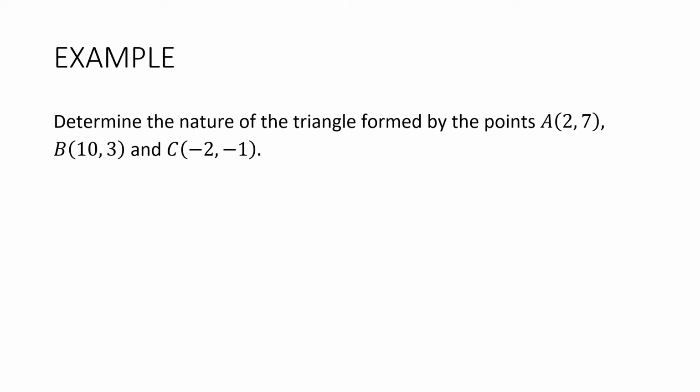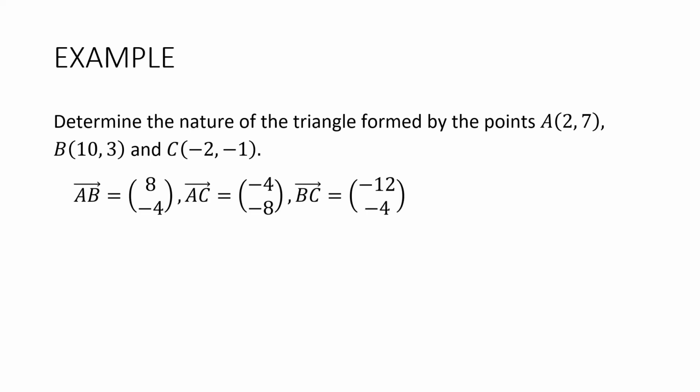Let's start by forming the vectors AB, BC, and AC, just like this. So AB is going to be 10 take away 2, and 3 take away 7. And AC is negative 2 take 2, and negative 1 take 7. And BC is negative 2 take 10, and negative 1 take 3.